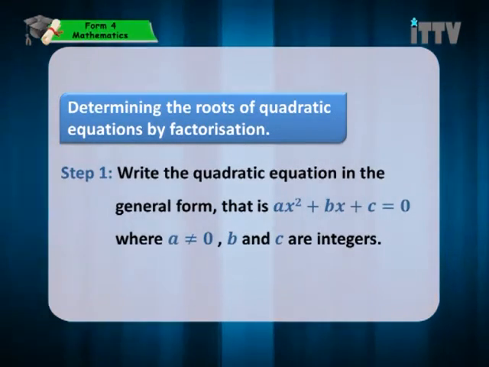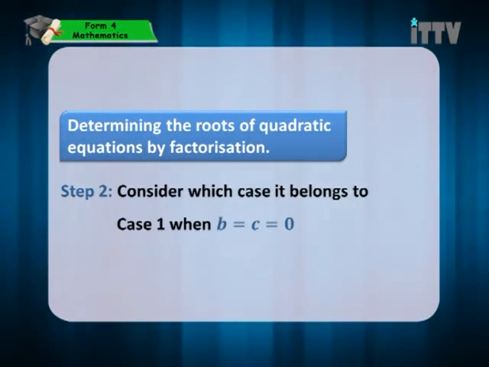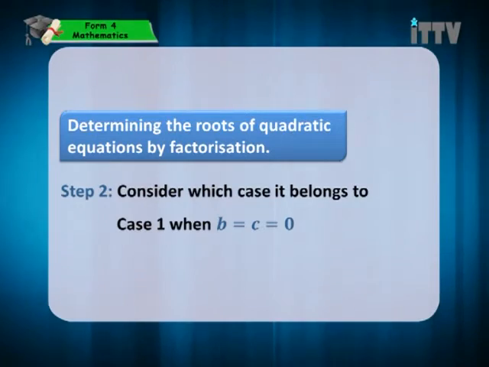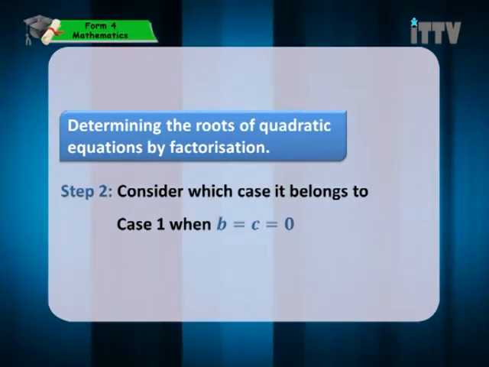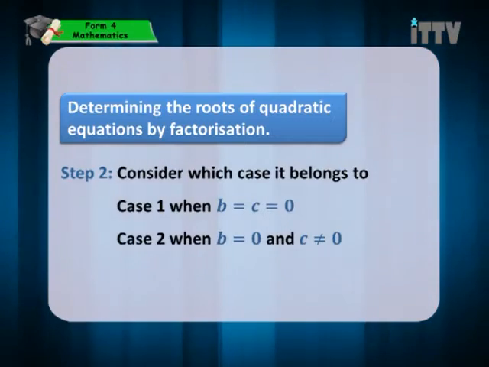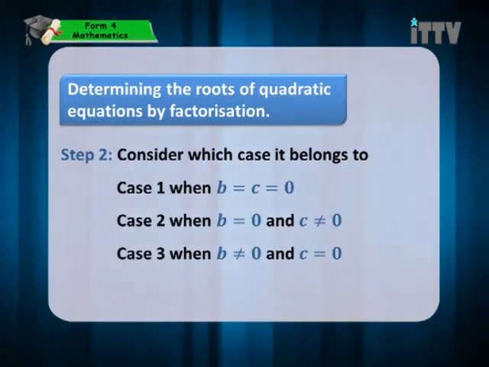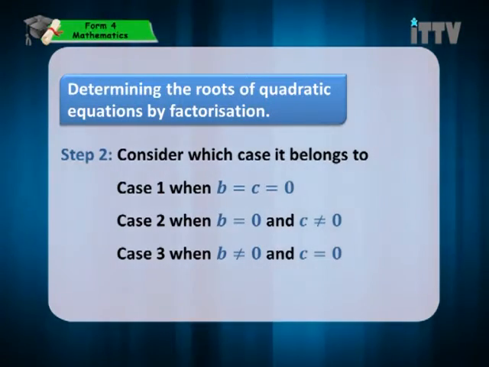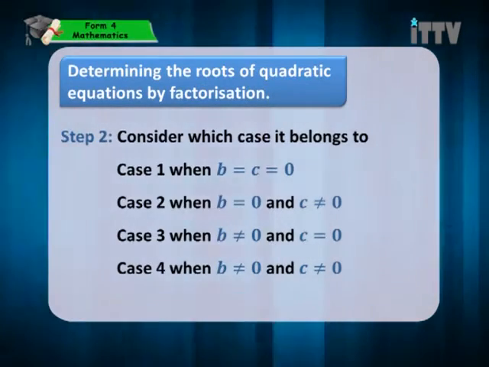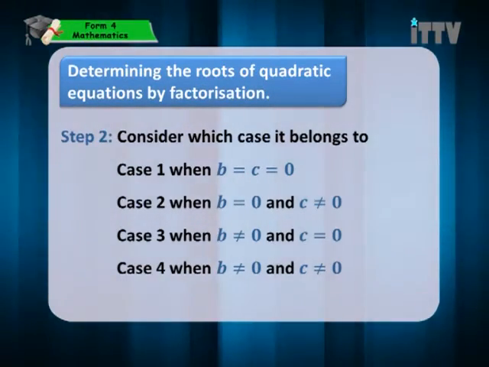In step 2, consider which case it belongs to: is it case 1, where b and c are 0; case 2, where b is 0 and c is not 0; case 3, where b is not 0 and c is 0; or case 4, where b is not 0 and c is not 0?